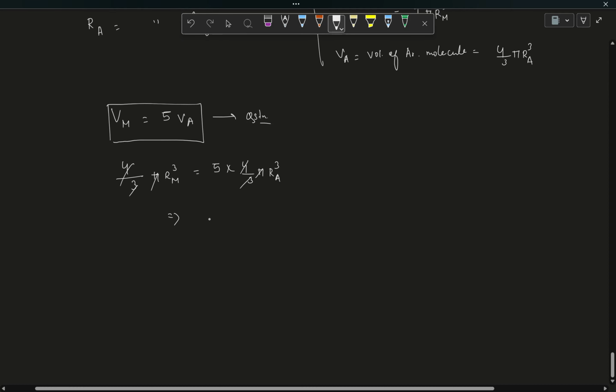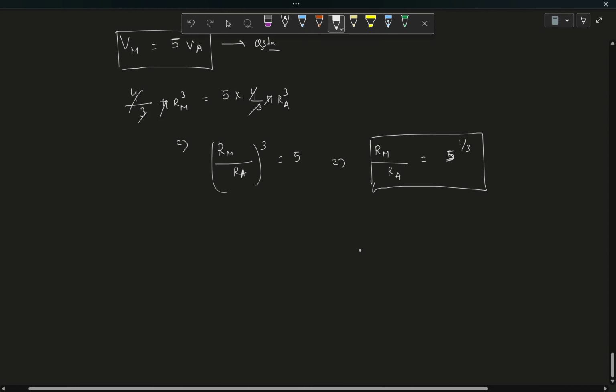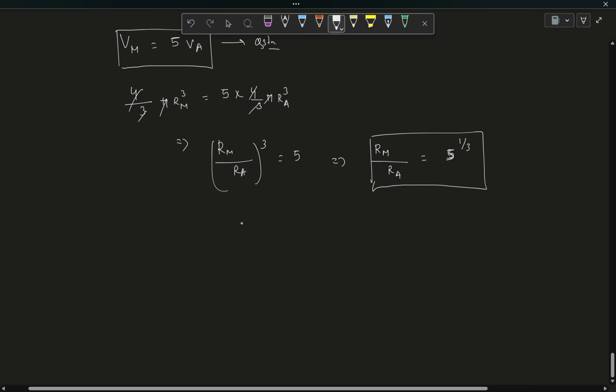So you have (Rm by Ra) whole cubed equal to 5. Then Rm by Ra is equal to 5 to the power 1/3. So Rm by Ra is equal to 5 to the power 1/3, this ratio.